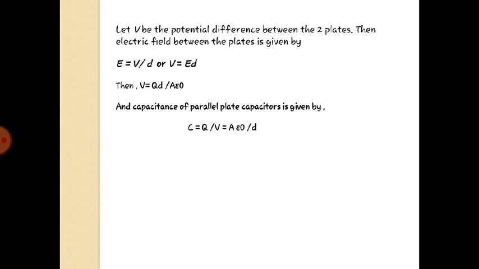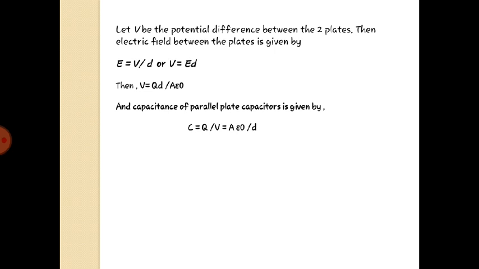E outside 0, E inside sigma by epsilon 0, V is equal to E into D. Then you put the value for E inside in the equation of V. So directly you are getting the value for capacitance of a parallel plate capacitor when no dielectric medium is there.